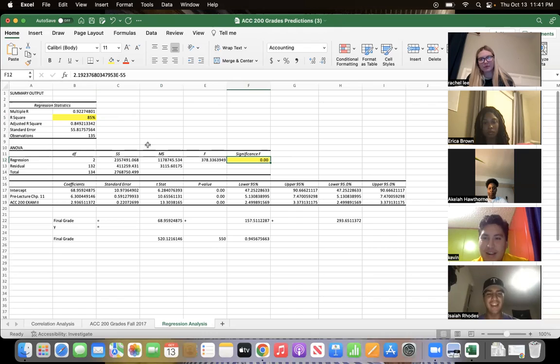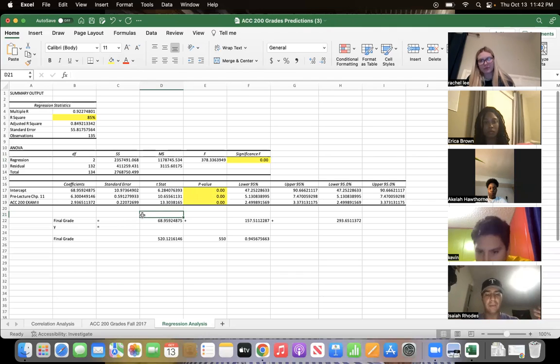Yeah. And then we use some of our numbers from the coefficients down at the bottom to find out if we did good on these grades, how well it would correlate and what we would get in the class. So you can see final grade there. We took our y-intercept coefficient first, which was the gimme.